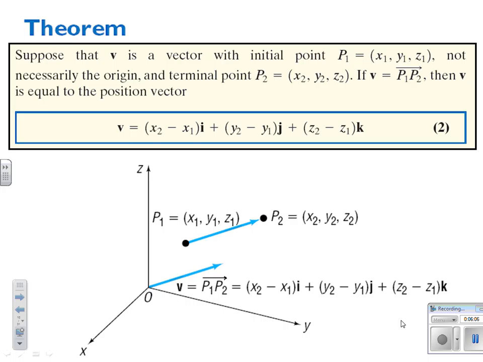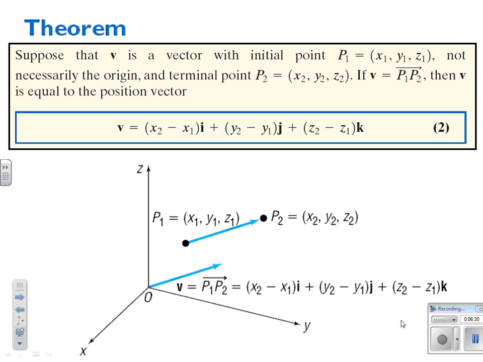All right, if v is a vector with its starting point at x1, y1, z1, not necessarily on the origin, and a terminal point at x2, y2, z2. If v is the vector from P1 to P2, then v is equal to the position vector.